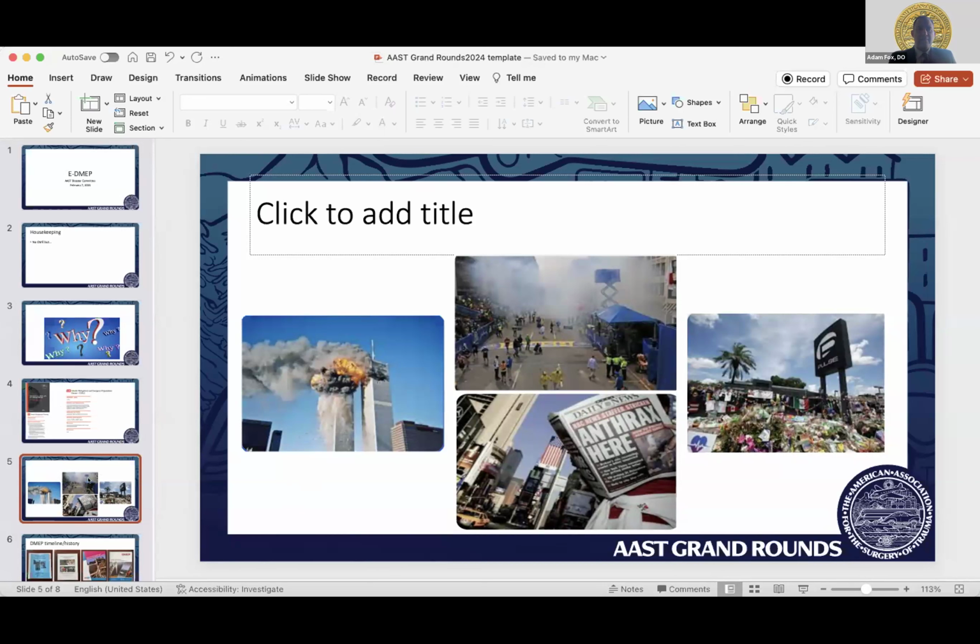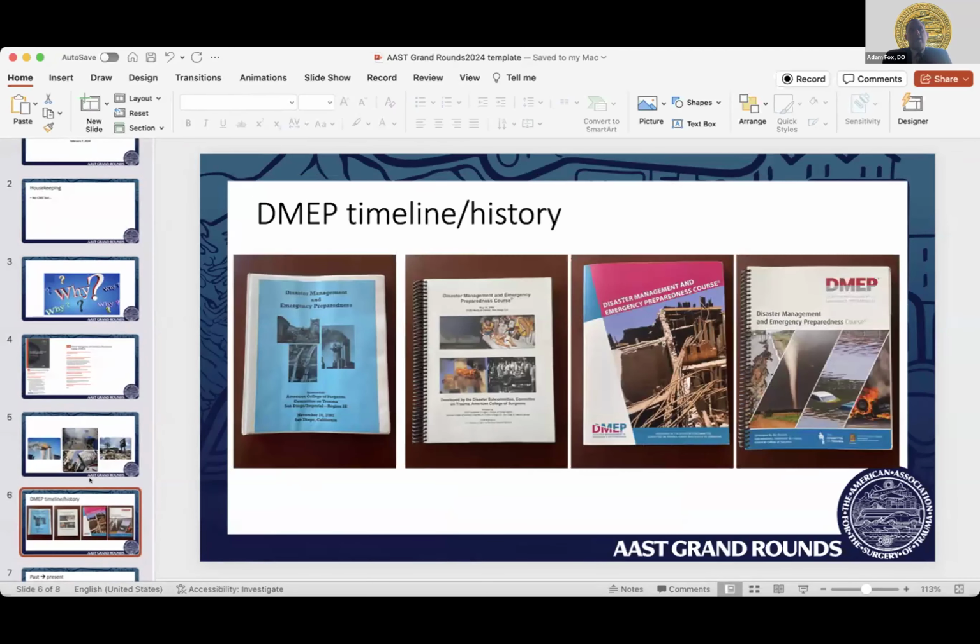Understanding all the elements of that is key to success and key to the best patient care that we possibly could have. So from the early 2000s, where you see 9/11, there's been an increased desire and recognition of the need for a disaster course. In doing some historical review, it turns out that in the late 90s the COT had actually disbanded their disaster committee, and it was renewed after 9/11.